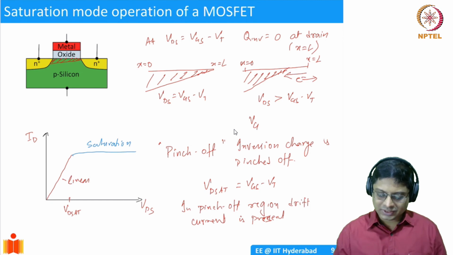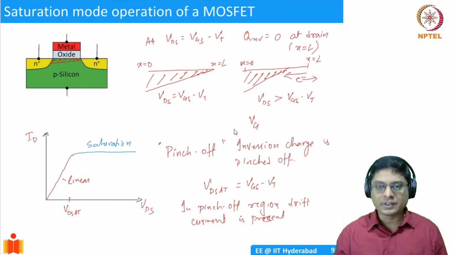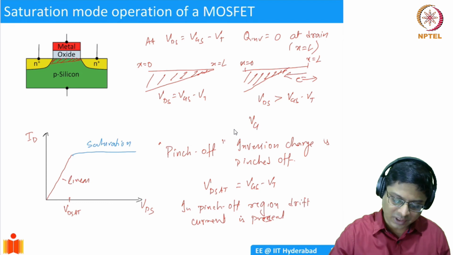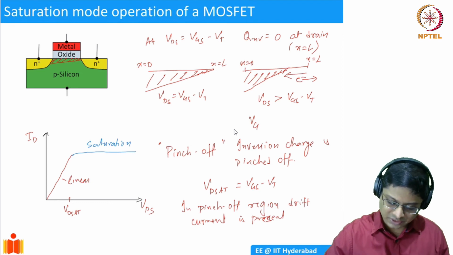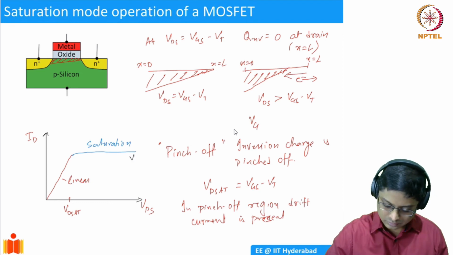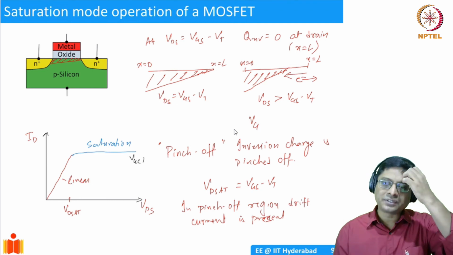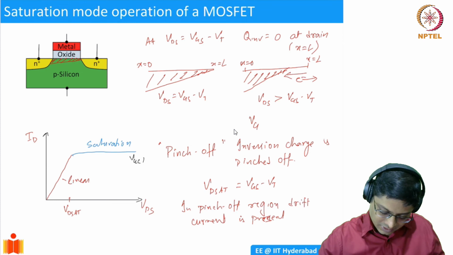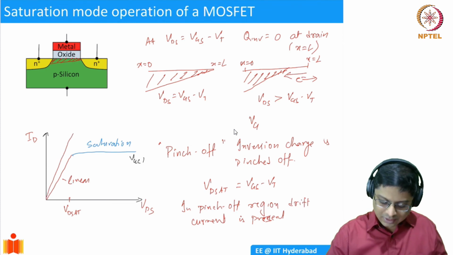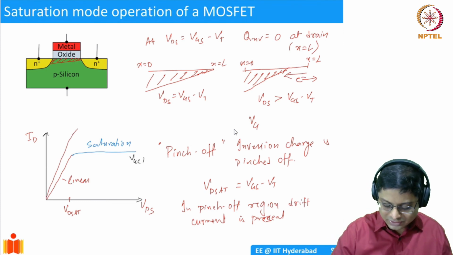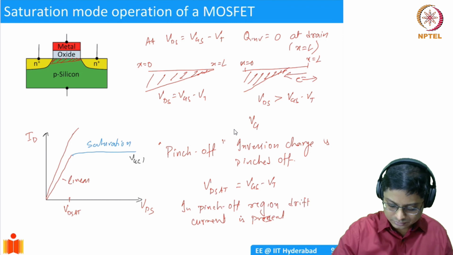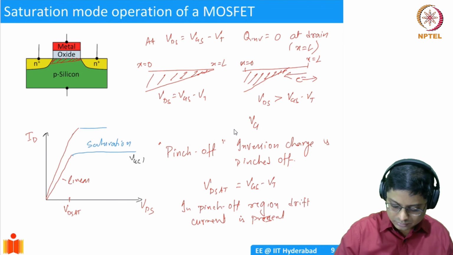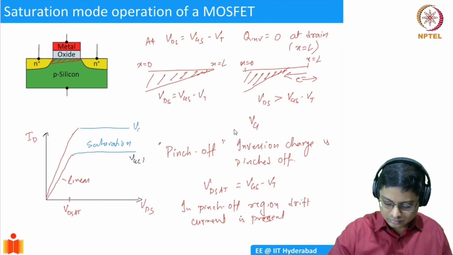Okay. So this is saturation. Now if I increase my VGS, so let's say this is at one VGS, I'll call this VGS1. What happens if I increase my VGS? Well, I'll still have the same inversion, the same thing like this, but at a higher voltage I'll start seeing saturation, which is VGS2 greater than VGS1.